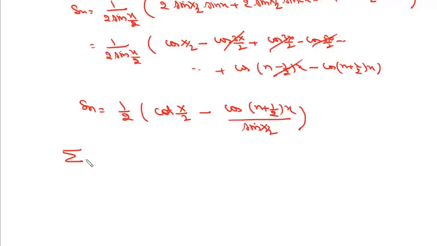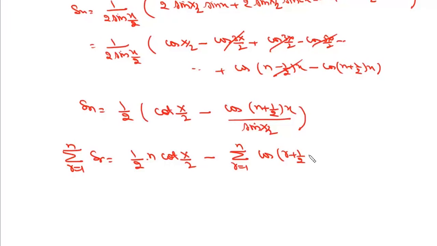Now if we take this summation, r varies from 1 to n, Sr will be this 1 by 2 n cot x by 2, and then minus this summation, r varies from 1 to n cos r plus 1 by 2x upon sin x by 2.